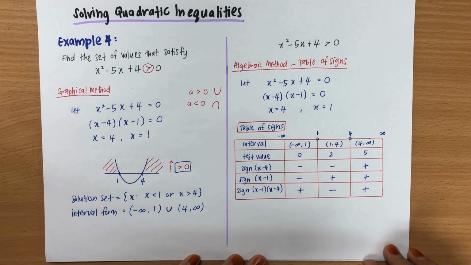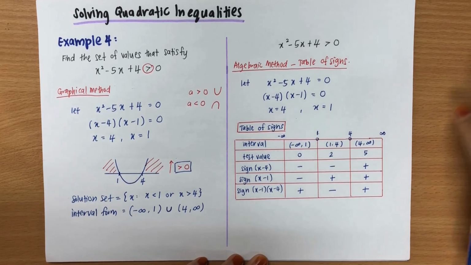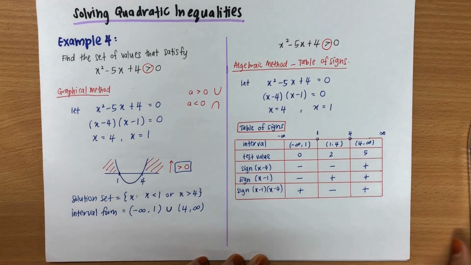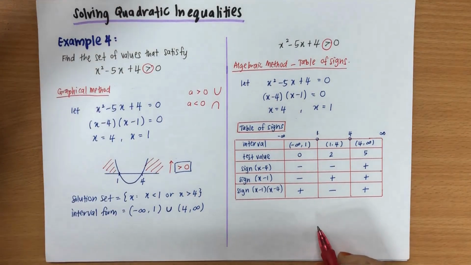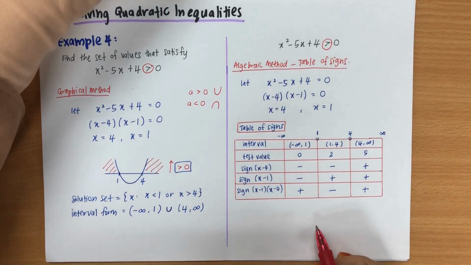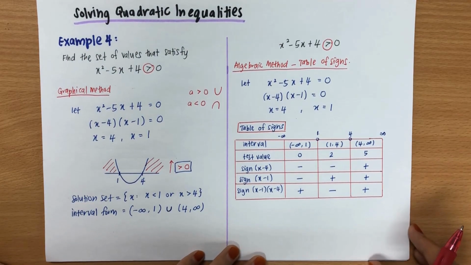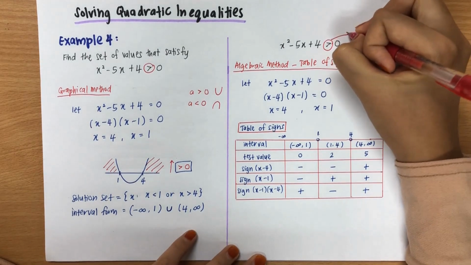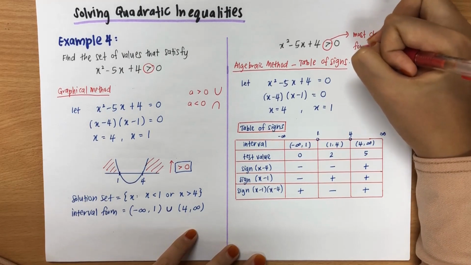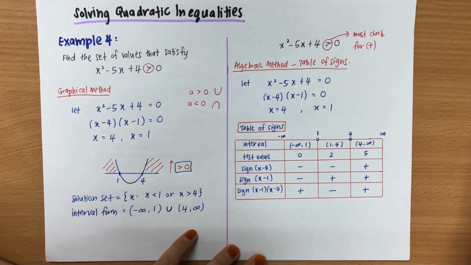Now, how we decide our final answer is by checking the sign on top here. This is greater than 0, so you have to check for the solutions labeled positive.